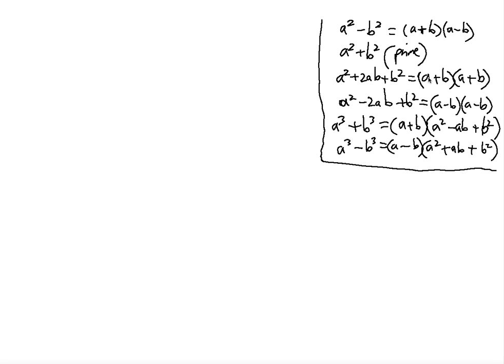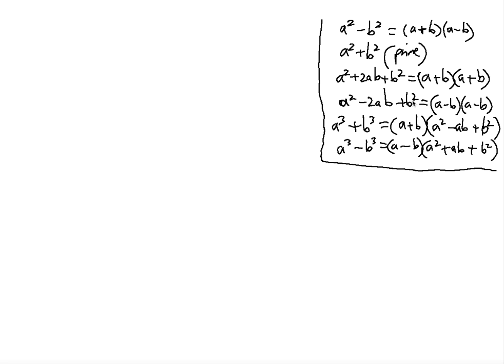And why is it a square? Because the sum of a plus b will be multiplied to itself, which is the same thing as saying a plus b squared. The fourth type will have a minus sign and a plus sign following it. The second term will have a minus sign and the third term will have a plus sign, and there will also be squares involved.